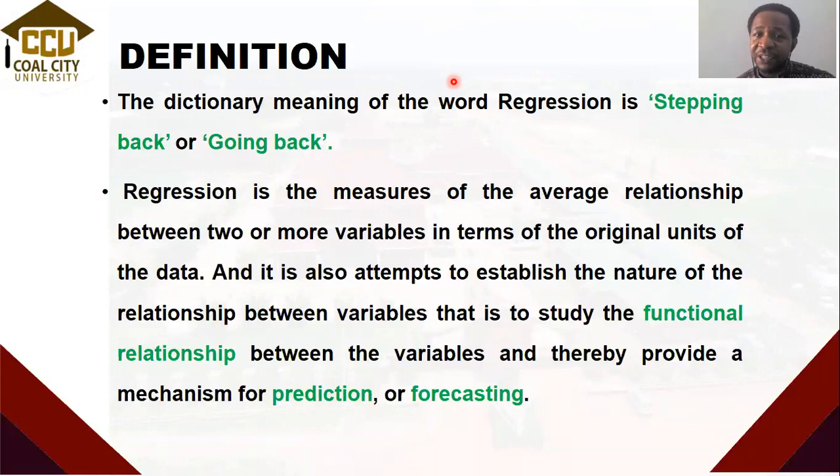One advantage that regression has over correlation is that with the help of regression, you can make forecast and prediction, as we are going to see in this lesson. Regression simply measures the average relationship between two or more variables.